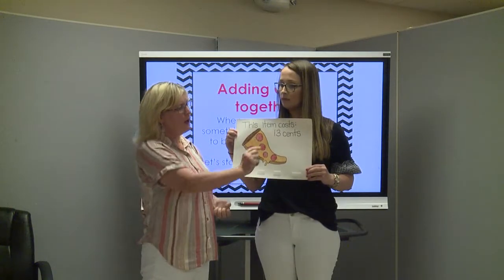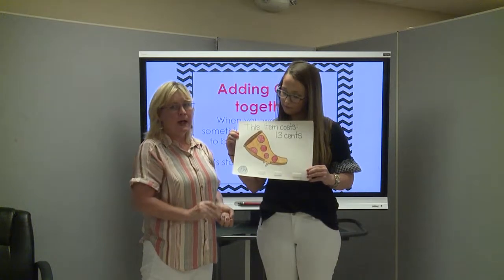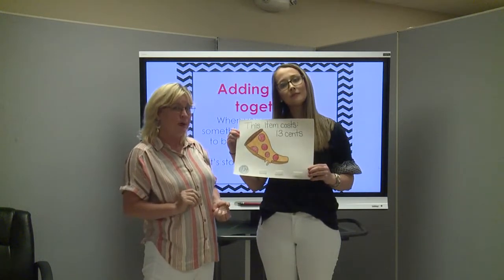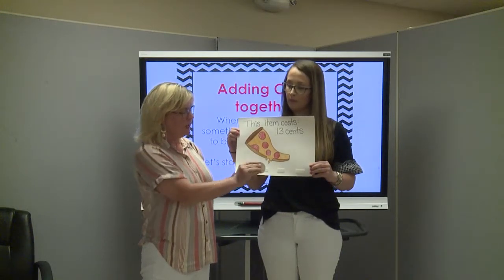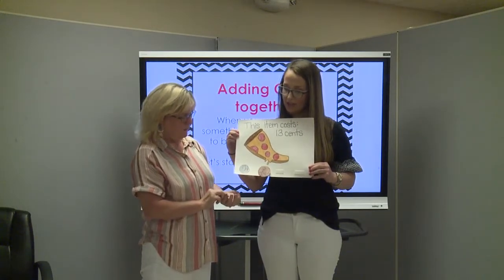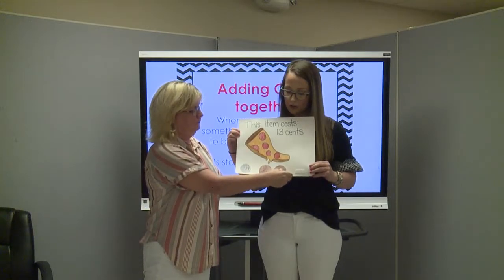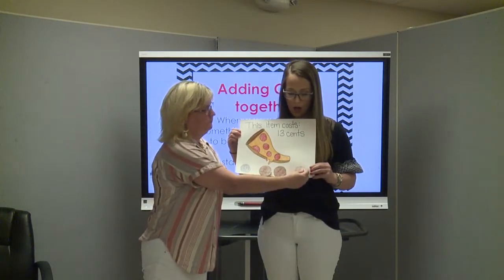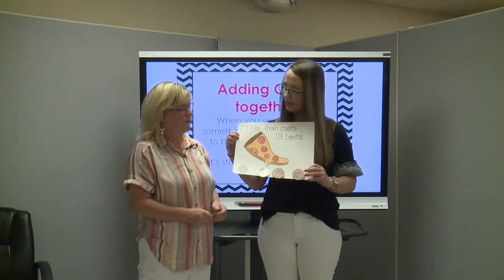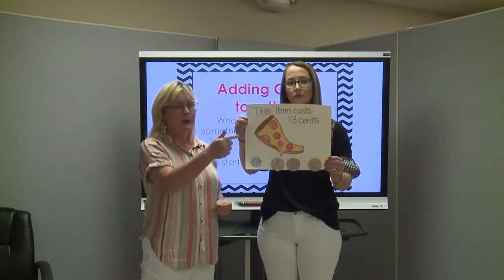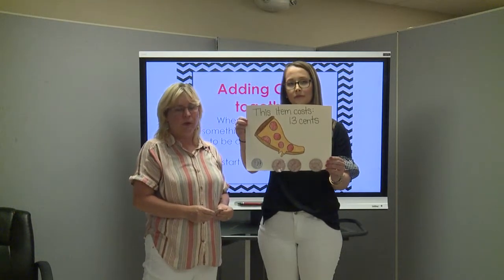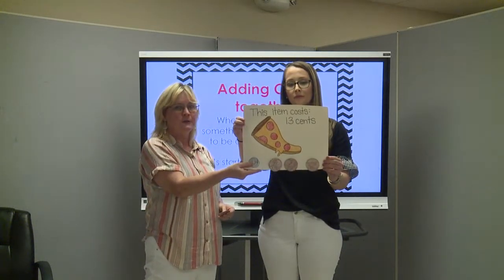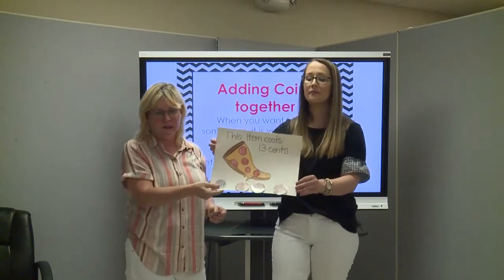Now I need to count up because I need to pull some more money out of my pocket to finish paying for my pizza. I've already paid 10 cents. I need to pay another penny to make 11, 12, 13. So, if I want to pay for my pizza, I need 1 dime and 3 pennies. 1 dime and 3 pennies will cover the cost of my pizza, 13 cents.